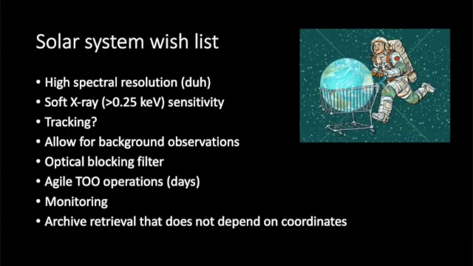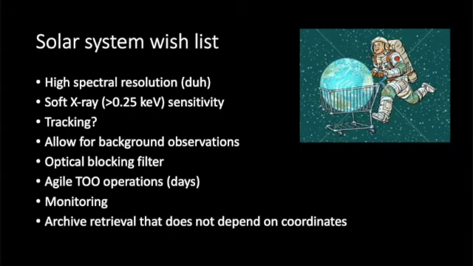So what would be our wish list for a solar system X-ray instrument? First of all, we really would like to have high spectral resolution. As I've shown you with the studies of Mars and Venus, this allows you to pick apart different processes that result in this emission, and/or tell you something about the chemical composition of objects that you study, like in the case of comets. Different from most astrophysical sources, solar system sources are rather soft X-ray sources, so we really would like to have sensitivity around and below 250 electron volts.